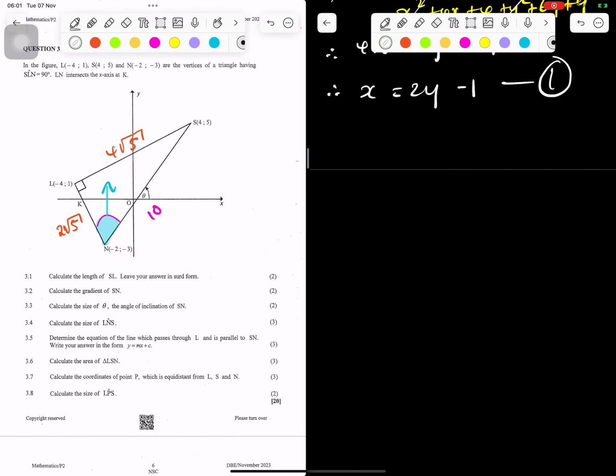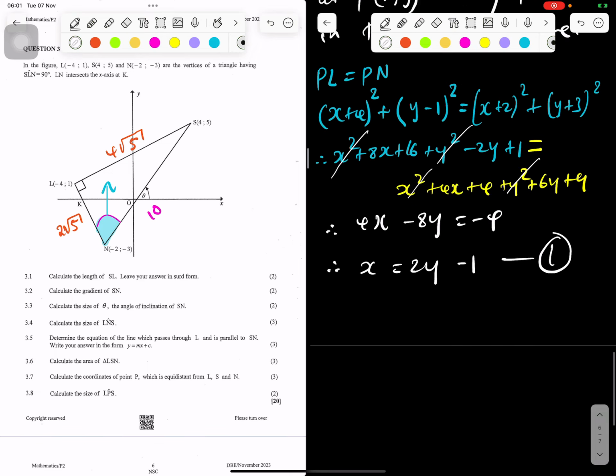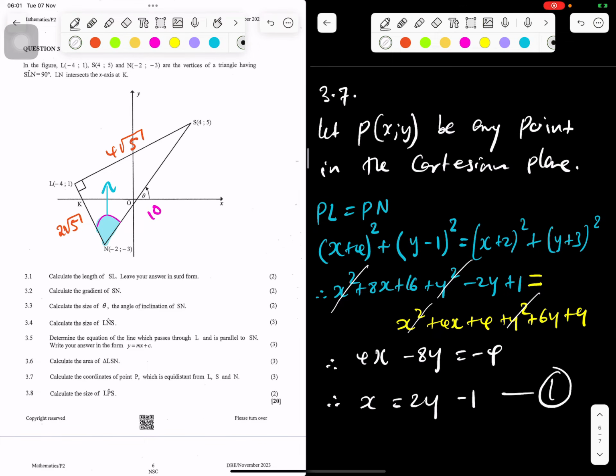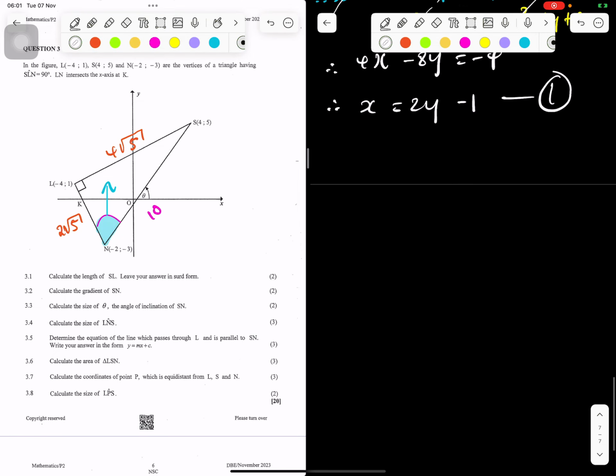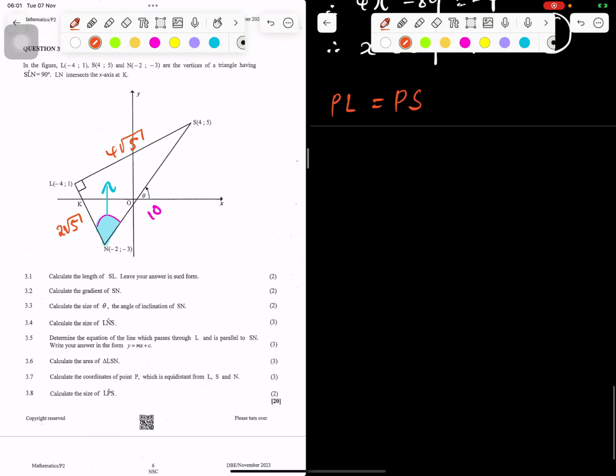And then now the other one, remember, it is equidistant. So now they also said the point S as well. So the other equation: PL must be the same as PS. It is equidistance of the points. Now you do the same stuff.